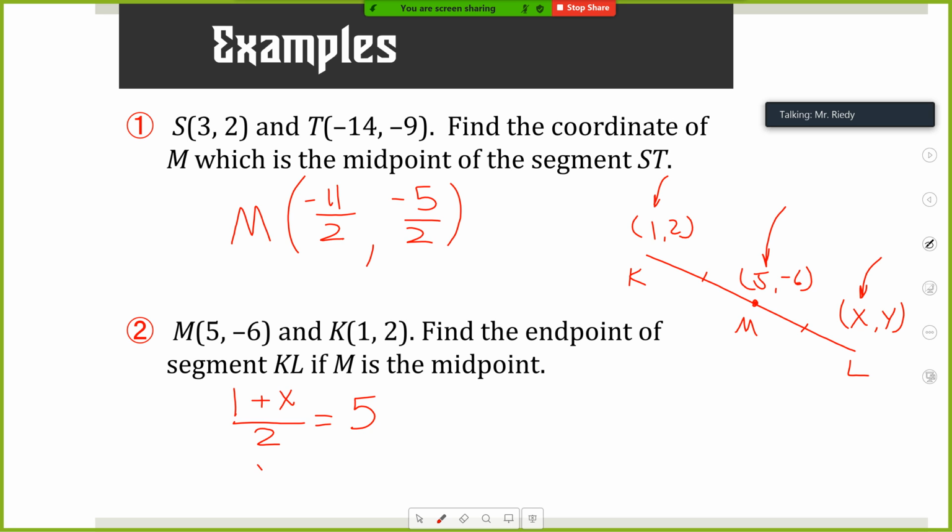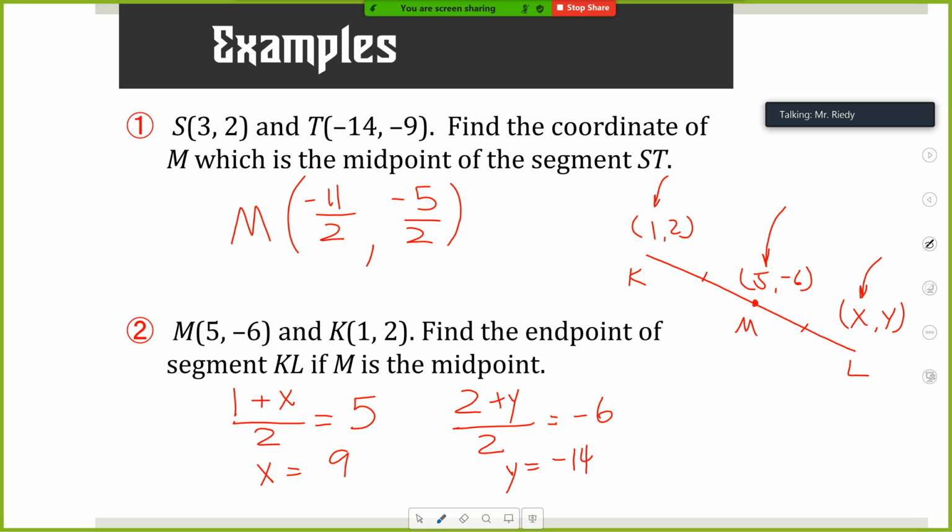Multiply both sides by 2, and X would be equal to 9. Repeat the same thing with the Y coordinates. Add up the 2 Y coordinates, divide by 2, and that has to equal the Y coordinate of the midpoint. So that would give me Y equals negative 14. That's the more mathematically sound way to do it.